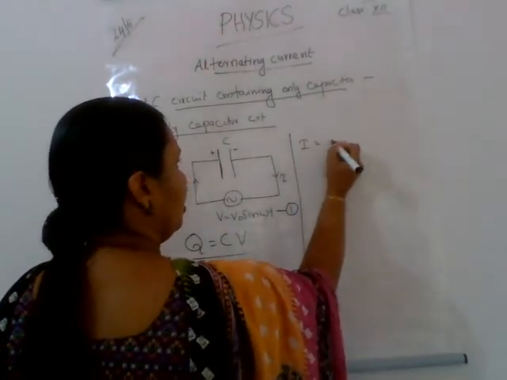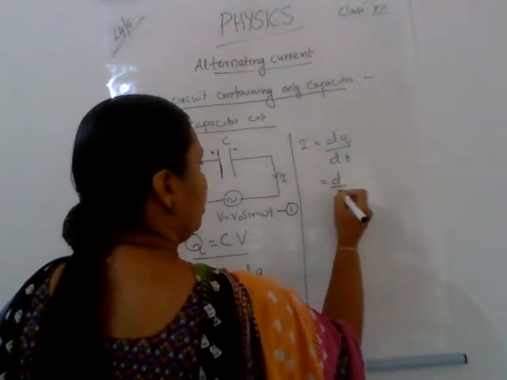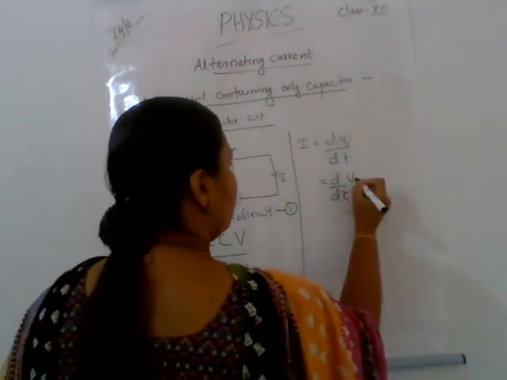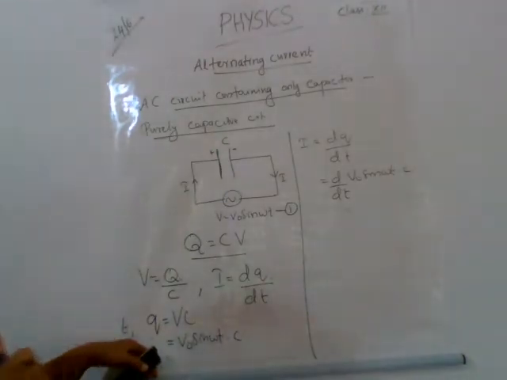We have I is equal to dq by dt, that is d by dt of, substituting for q, V0 sin omega t into C.